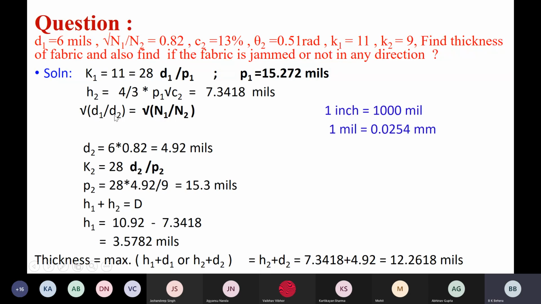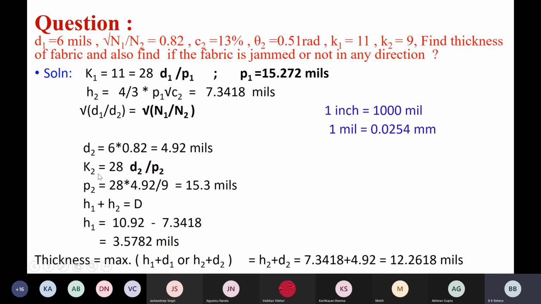So as you go on increasing the diameter of yarn or the count of yarn, the diameter will accordingly change. So remember this relationship. N1 upon N2 square root is given here. D1 is known, and substituting the D1 value, you can find out D2. D2 is coming this much.